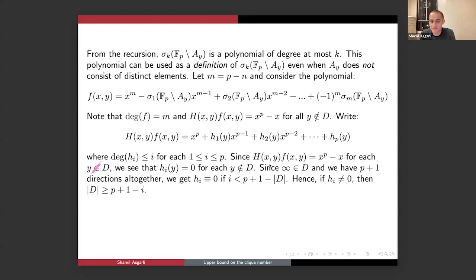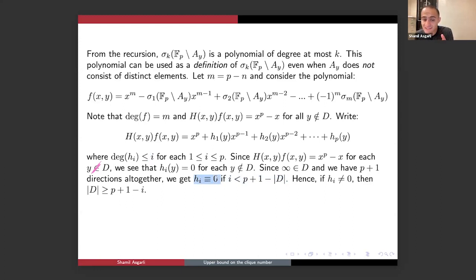But now, since infinity is also in D by assumption, and we have p plus 1 directions altogether, that means that h_i has to be identically 0 for i less than p plus 1 minus D. Okay, so why is that? Well, because remember, h_i has degree at most i. This is a degree at most i polynomial.